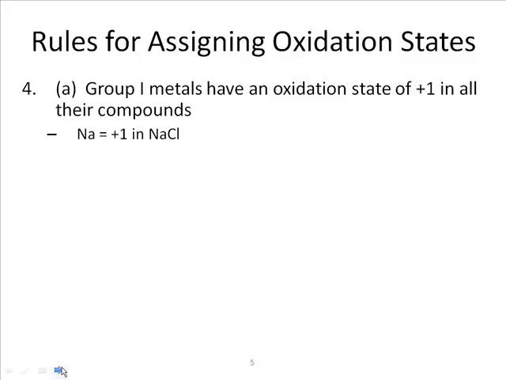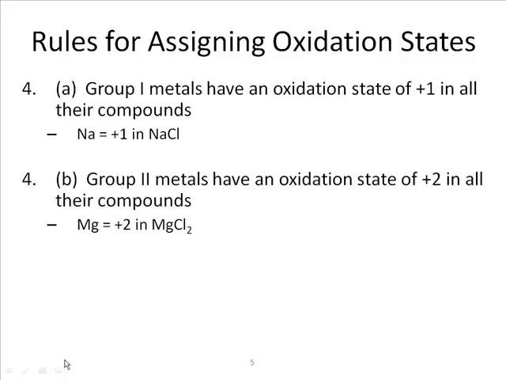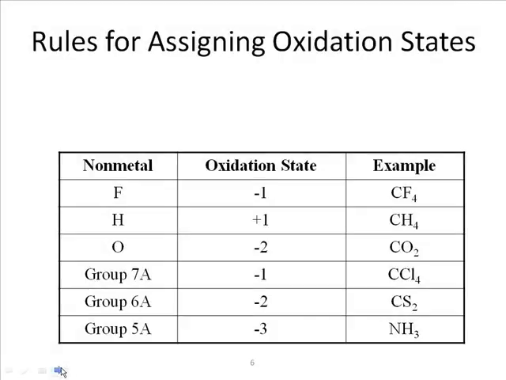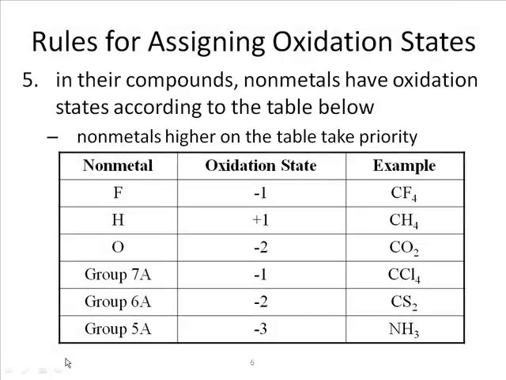Group 1 metals have an oxidation state of +1 in all of their compounds. So, for example, sodium has a +1 in NaCl. Group 2 metals have an oxidation state of +2 in all of their compounds. So, for example, magnesium has a +2 in magnesium chloride. In their compounds, nonmetals have oxidation states according to the list below.